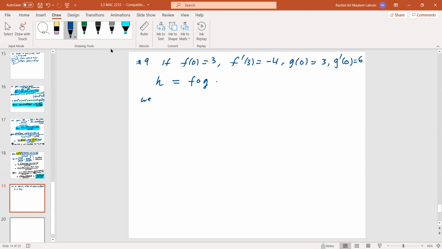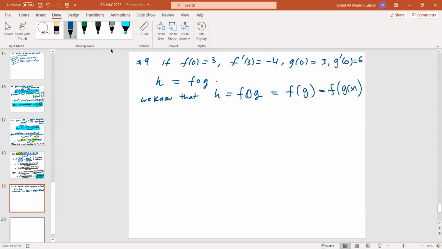So we know that f composed with g is f with g inside. So if we use x, it will be f of g of x, right?